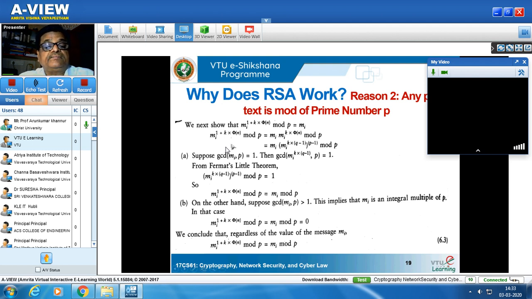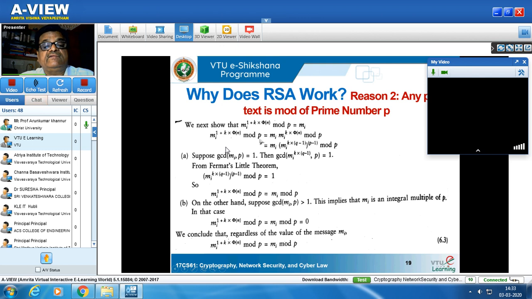So now we pick this value, the message value of block i, mi raised to 1 plus k into Euler's phi n, mod P. This can be represented as mi into mi raised to k into phi n.